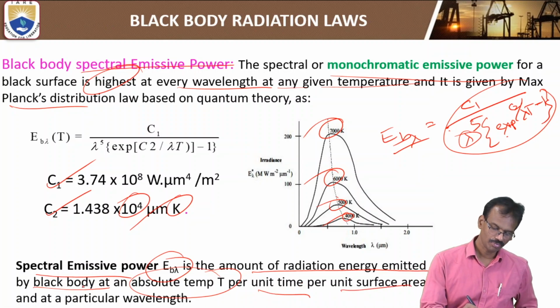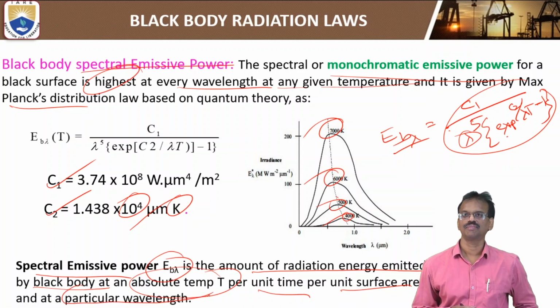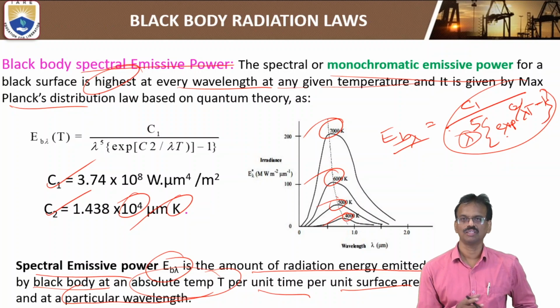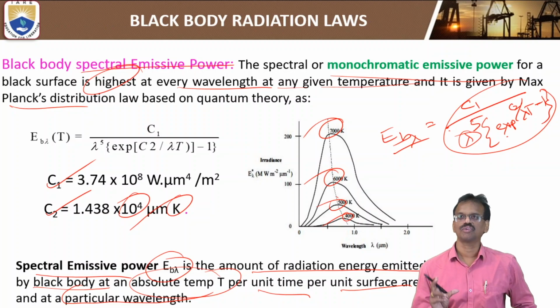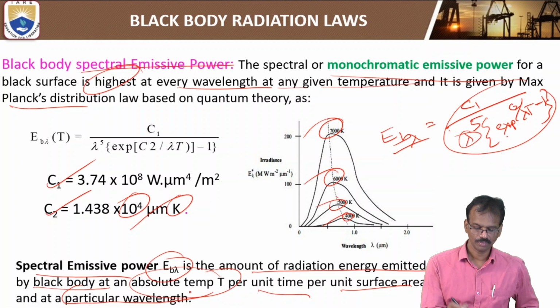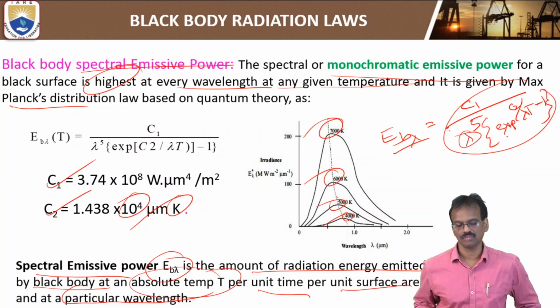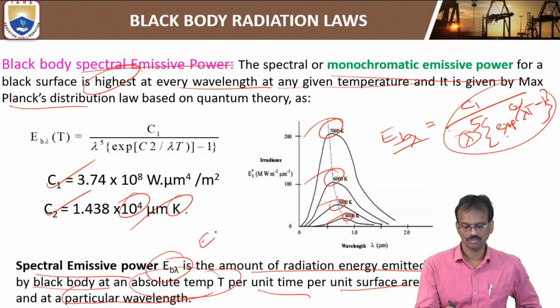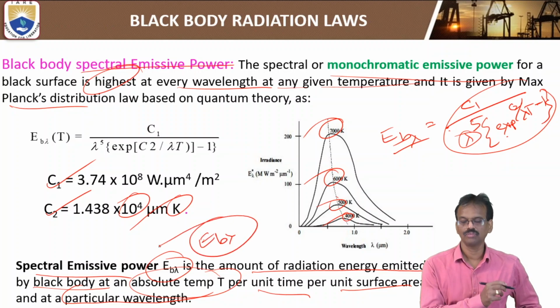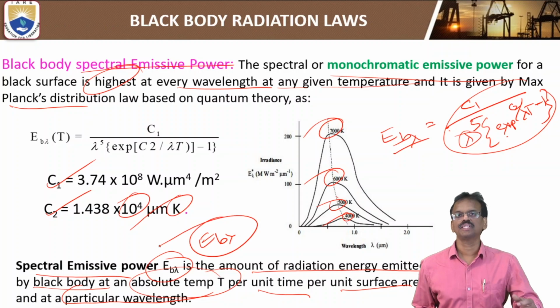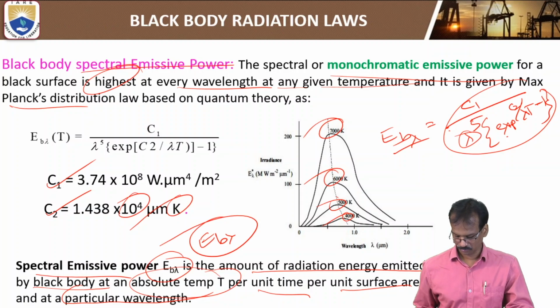The particular wavelength is very important. The wavelengths were already covered in previous classes: what is the range of the electromagnetic thermal wavelength band? So emissive power at a particular wavelength, E b lambda, we can solve by the help of Max Planck's law distribution.